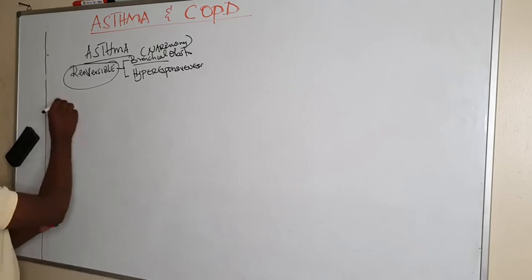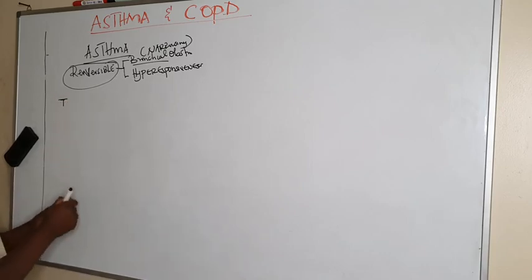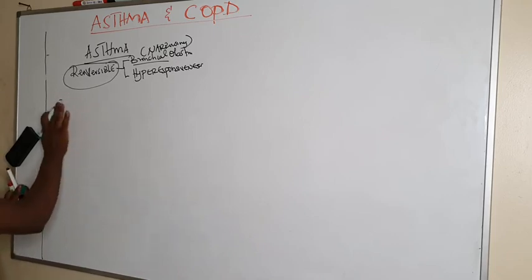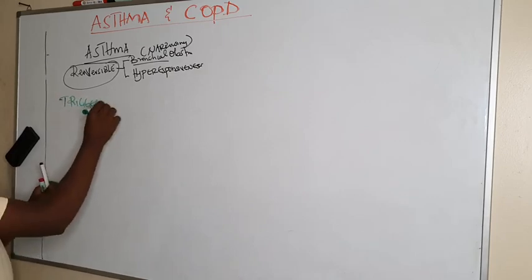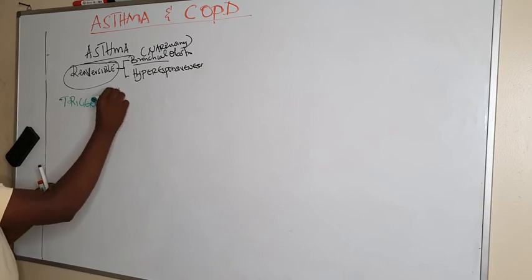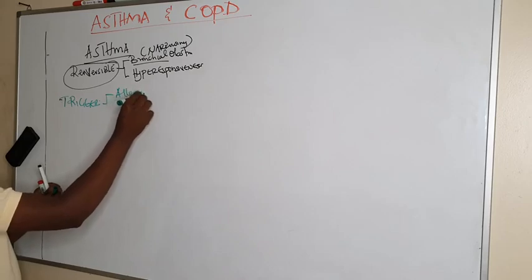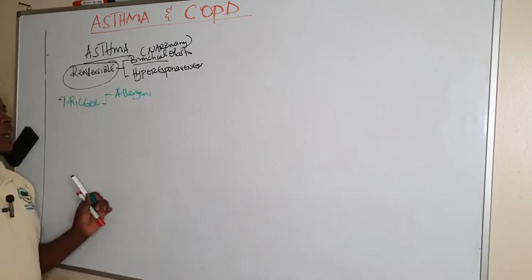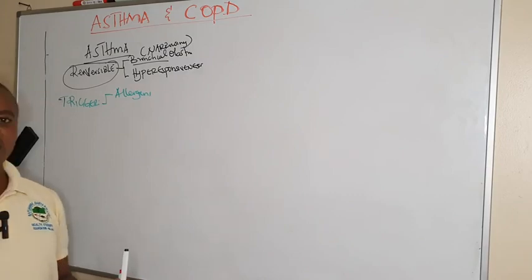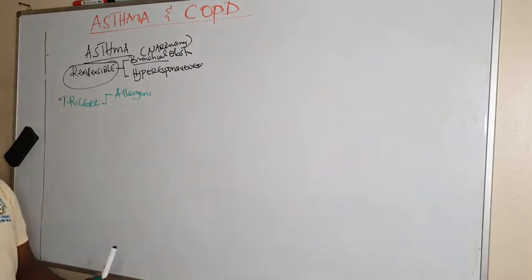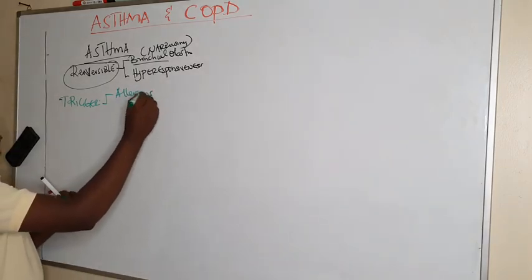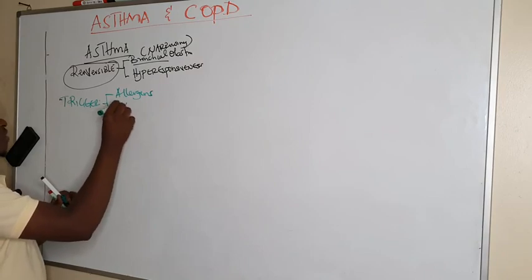It is triggered. The trigger factors, the causes of asthma, include allergens. These are environmental allergens such as pollens, such as smoke in the environment. Then it can be molds or anything you inhale from the environment. Another one can be exercise, increased exercise.